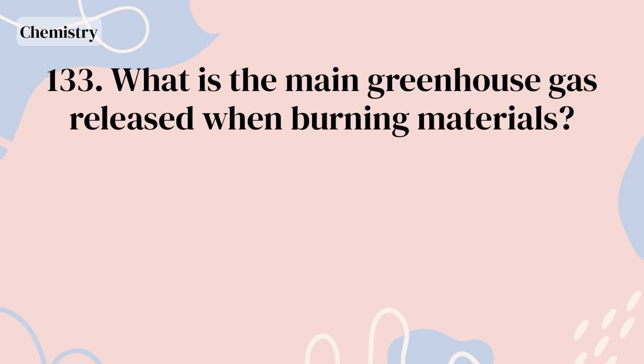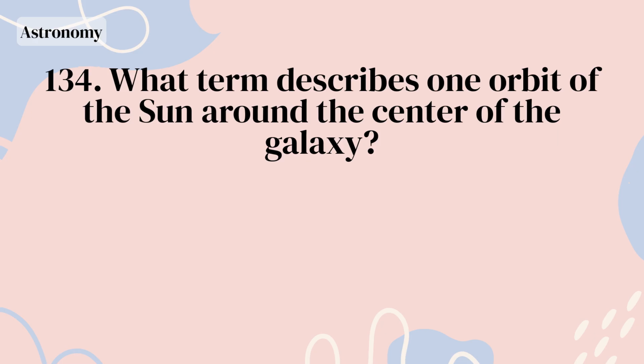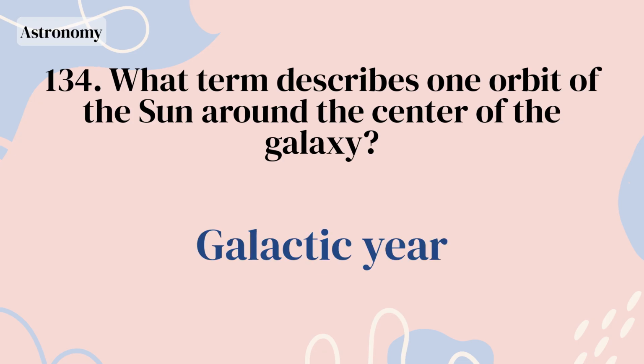If a substance has a pH less than 7, what property does the solution have? Acidic. What is the main greenhouse gas released when burning materials? Carbon dioxide. What term describes one orbit of the Sun around the center of the galaxy? Galactic year.